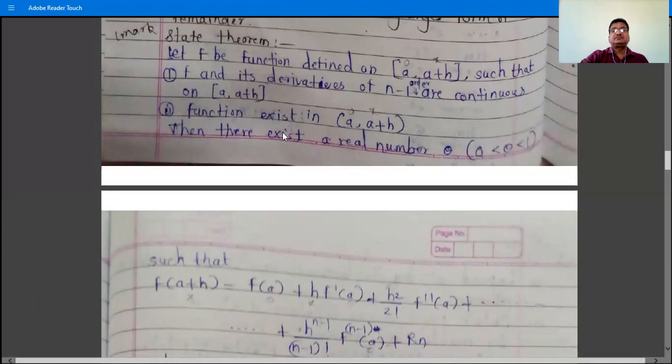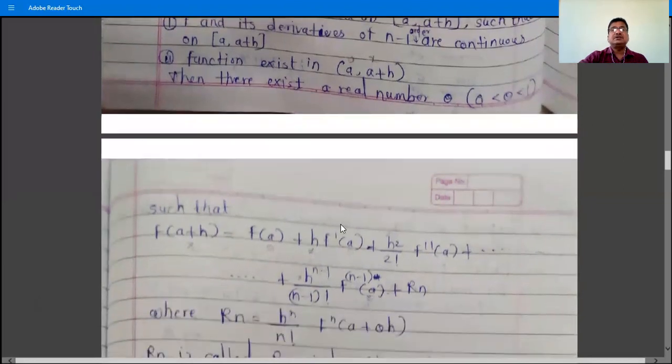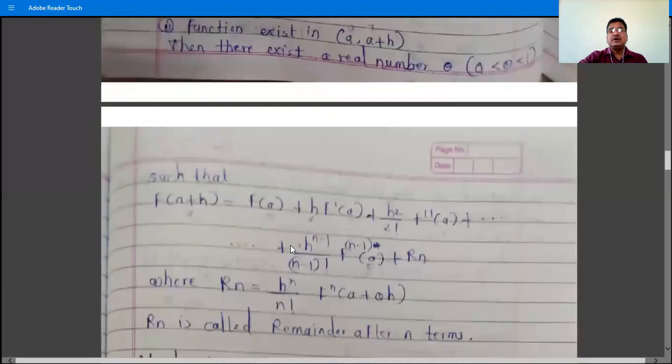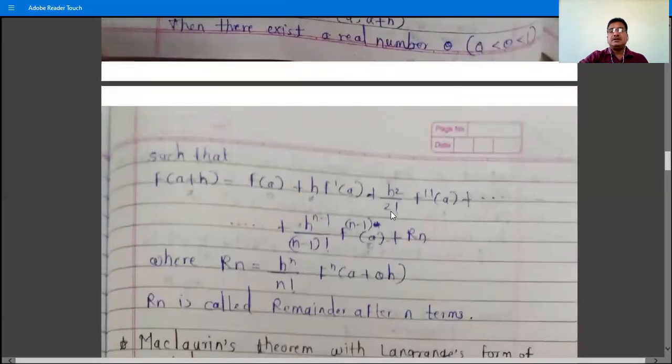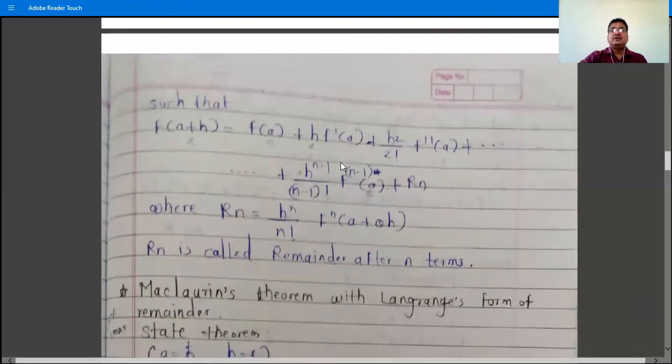Then there exists a real number theta, greater than 0 and less than 1, such that f of (a plus h) is equal to f of a, plus h f dash a, plus h square by 2 factorial f double dash a, and so on, plus h raised to n minus 1 divided by (n minus 1) factorial f raised to n minus 1 of a, plus Rn, where Rn is the next term: h raised to n by n factorial f raised to n of (a plus theta h). So this Rn is called the remainder after n terms, and is called Lagrange's form of remainder after n terms. So this is Taylor's theorem.